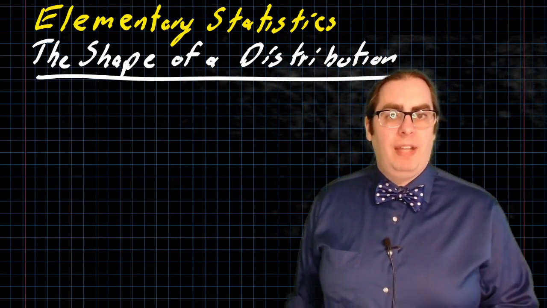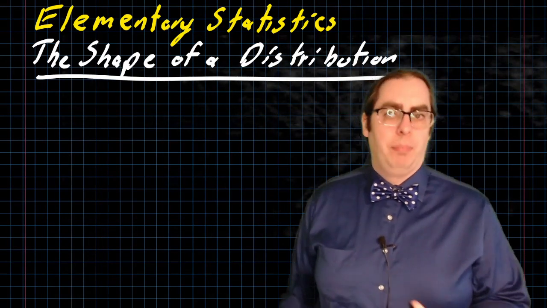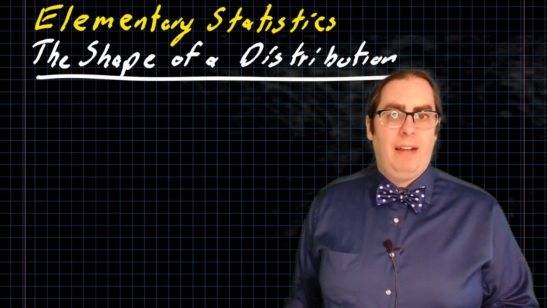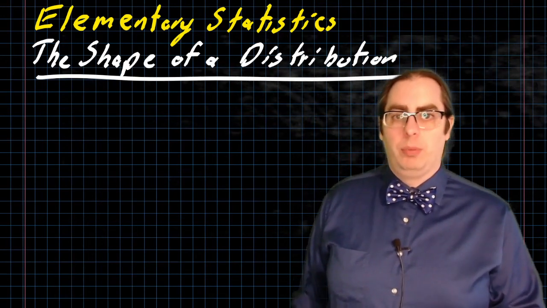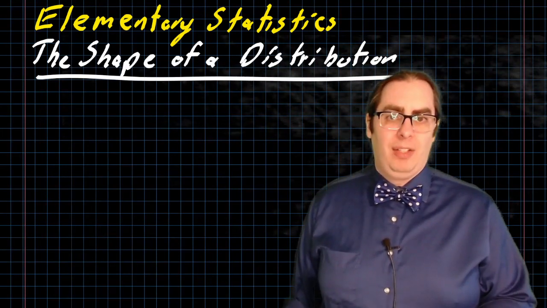When you have a categorical frequency distribution, you can use tools like bar graphs and pie charts in order to visualize the data. When you have a grouped frequency distribution, we need a slightly different tool. And that's what we're going to be looking at here today.